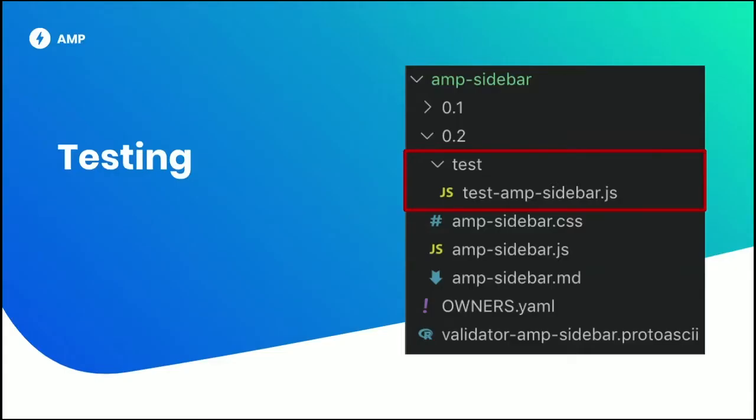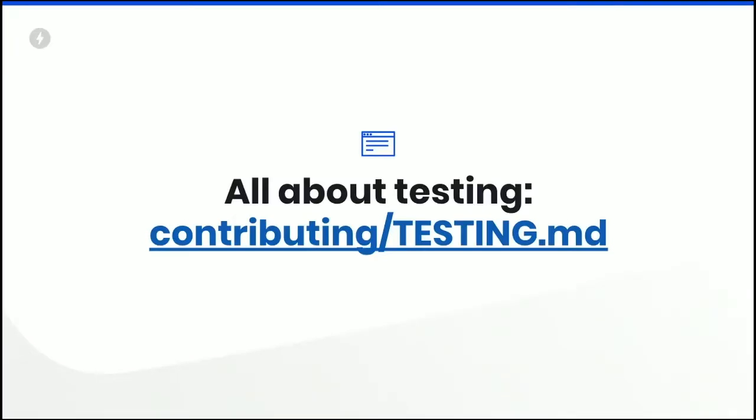All right, speaking of testing, this is another fun part that I'm sure everyone likes. AMP has very extensive documentation about testing inside testing.md. For these slides, I'll mostly just cover some basics of unit testing.